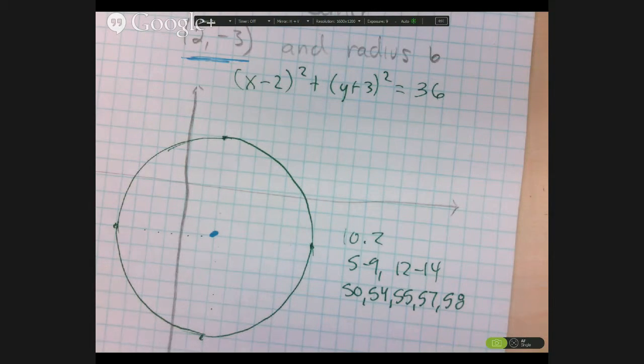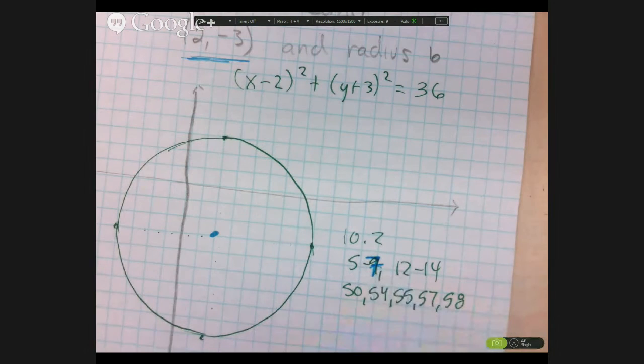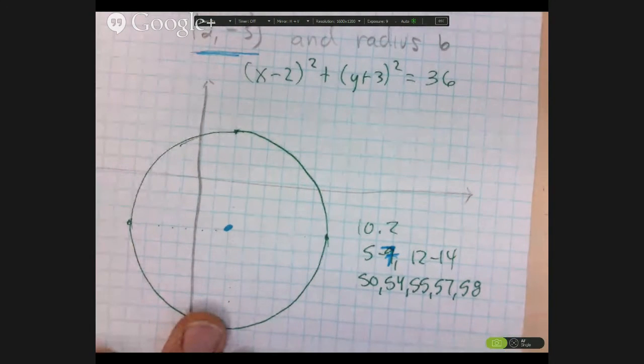Let me take a couple of those off of there. Five through 7. 12 through 14. So you're going to have to think a little bit more than this on a couple problems.